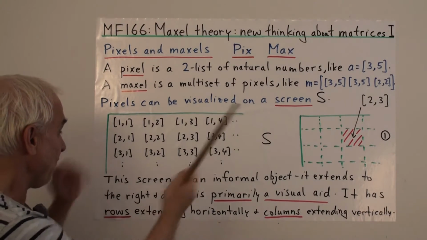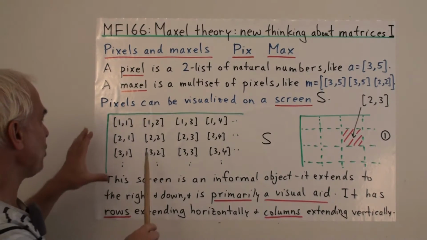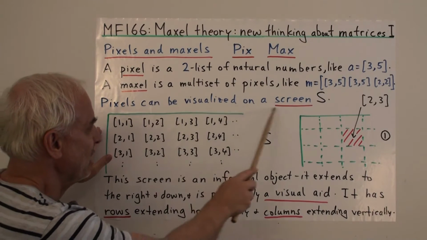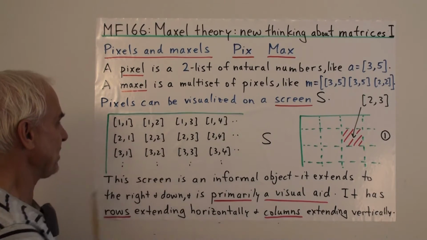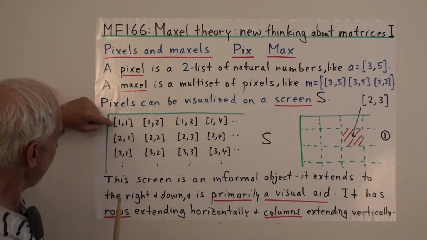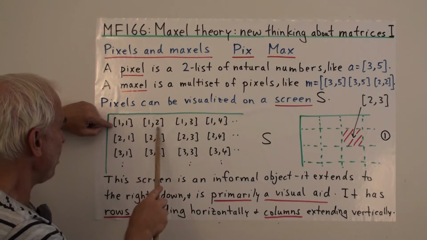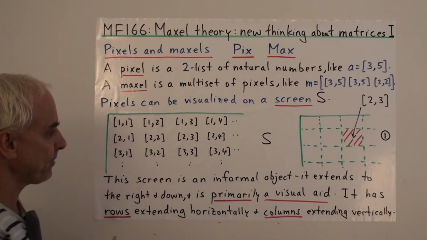Now, because we like to visualize things geometrically and visually, we're going to think about pixels as being visualized on a screen. And the screen for us will be this framework here, where we've arranged that the pixels are labeled like this: 1, 1, 1, 2, 1, 3, 1, 4, and 2, 1, 2, 2, 2, 3, 2, 4, and so on.